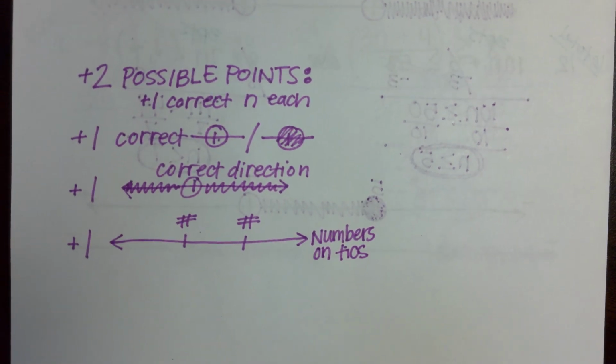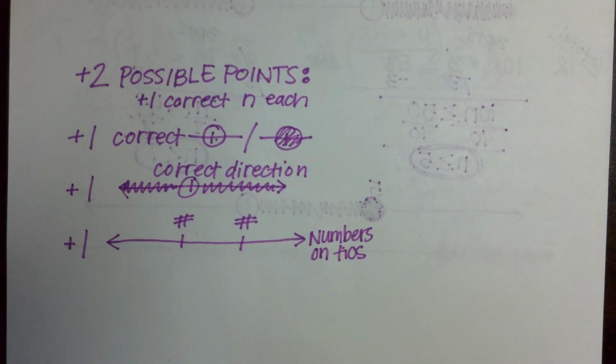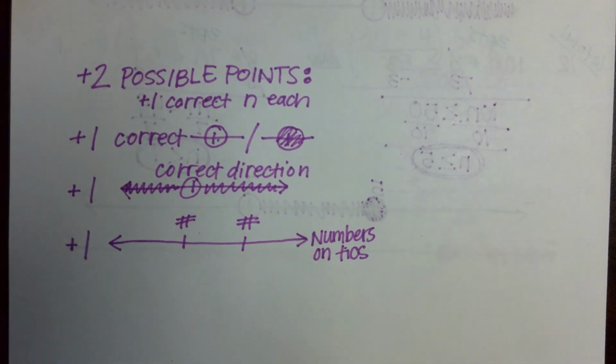Okay, so if you want to have that key written down, you're welcome to. If not, we're about to get to it. So I'll give you guys a second to write if you are copying.